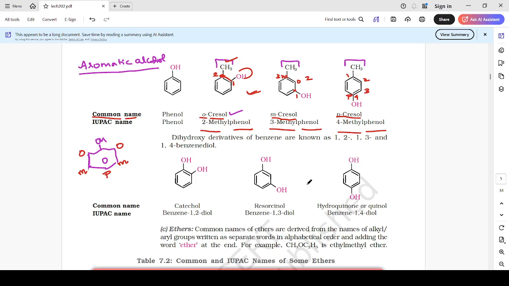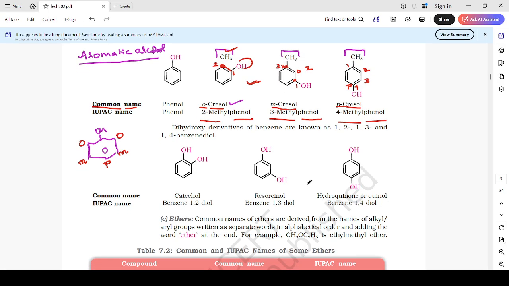Yes, ma'am. Right. Now we are going for the dihydroxy derivatives of benzene. 2 OH groups at the 1, 2 position. This is 1, this is 2. So 2 OH groups, if it is present in the 1, 2 position, the common name for this is catechol.